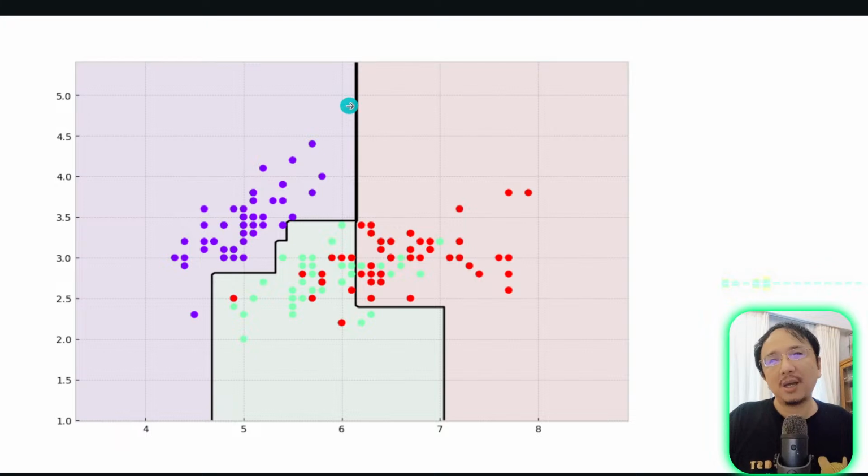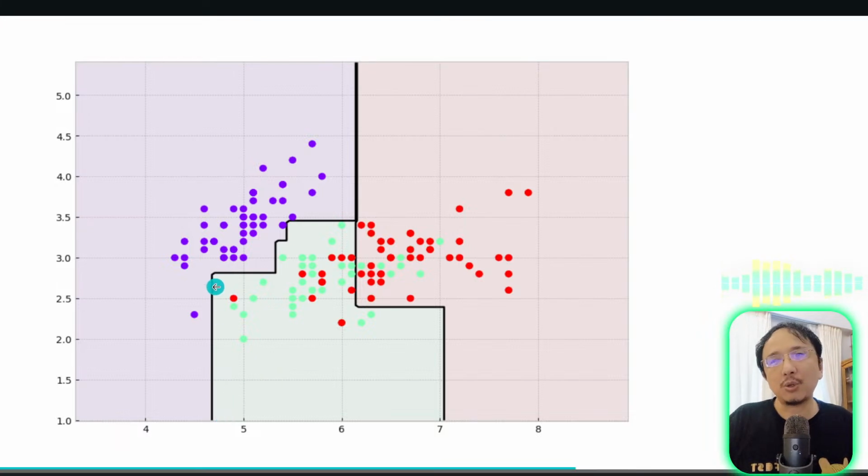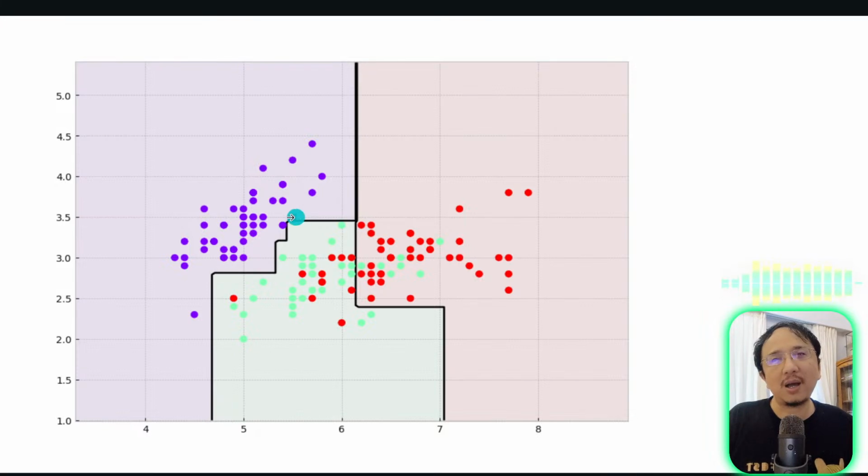But for the decision tree, for the reason that we just mentioned, it only uses one feature at a time. So you can see that each decision boundary is either vertical or horizontal.